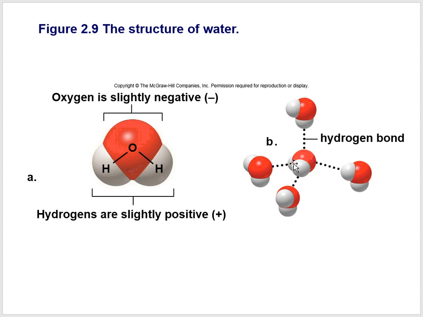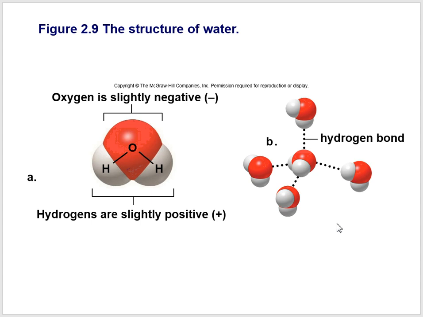And we see this in a three-dimensional structure. So all the hydrogens are weakly attracted to neighboring oxygens. This weak bond, this hydrogen bond structure, is actually what allows water to be liquid at room temperature. Otherwise, without hydrogen bonds, water would be a gas.